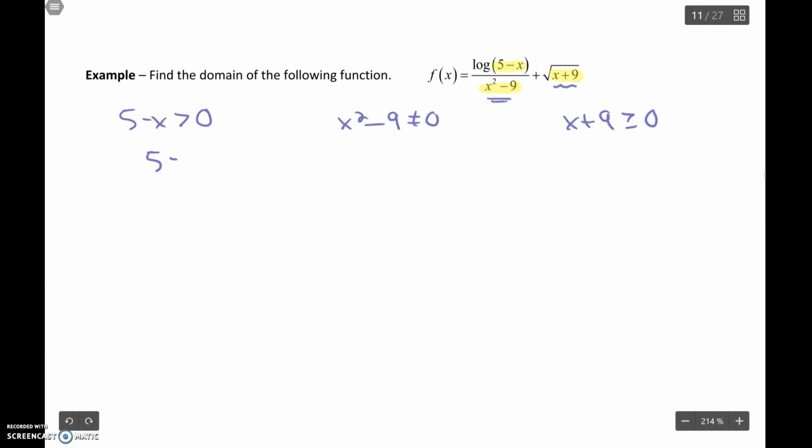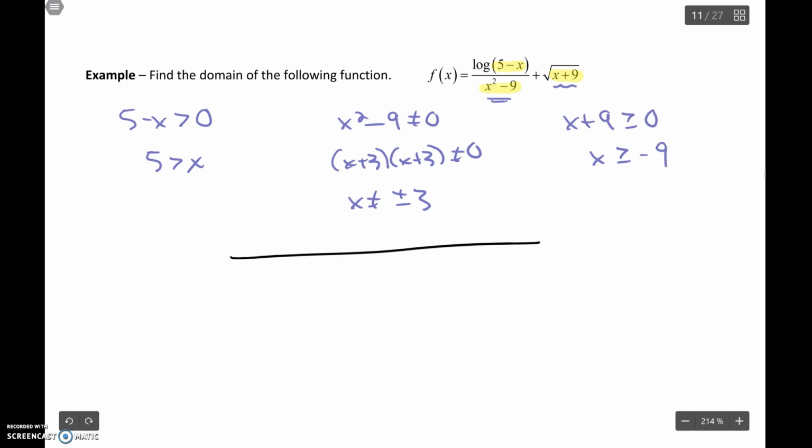Add x, so x has got to be less than 5. I don't know how we want to do this. Factor it or move the 9 over? I guess I'll factor. So if this can't be 0, then x cannot be positive 3 or negative 3. And x has got to be greater than or equal to negative 9.